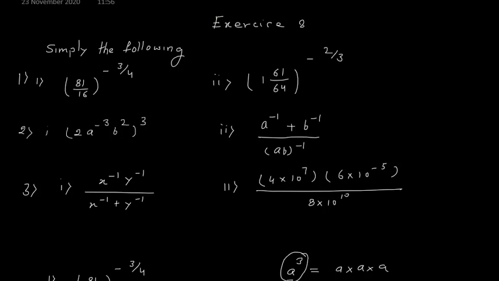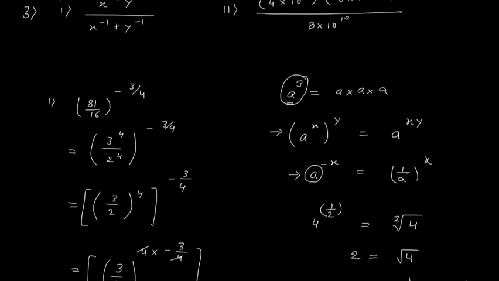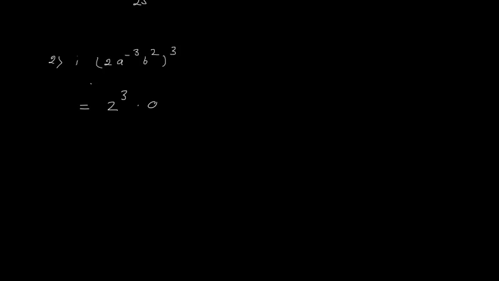Now let us solve this second question. The second question is (2 a^(-3) b^2)^3. So this is equal to 2 power 3, I will open the bracket, into a power, this is minus 3 and this is 3, so minus 3 into 3, into b power 2 into 3.